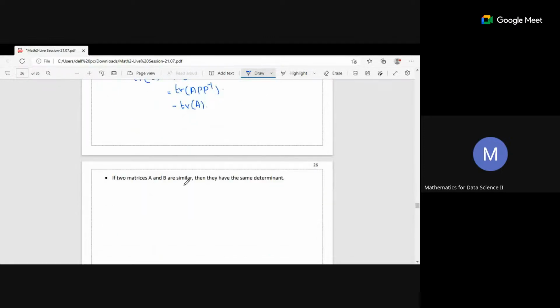If two matrices A and B are similar, then they have the same determinant. The determinant property we already know. So determinant of B is equal to determinant of P inverse AP.